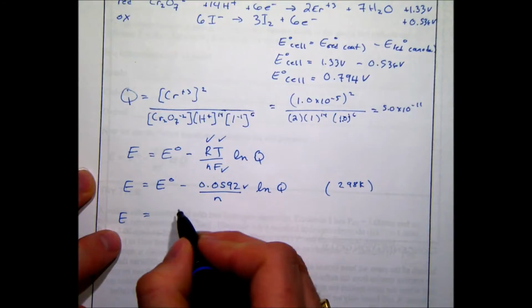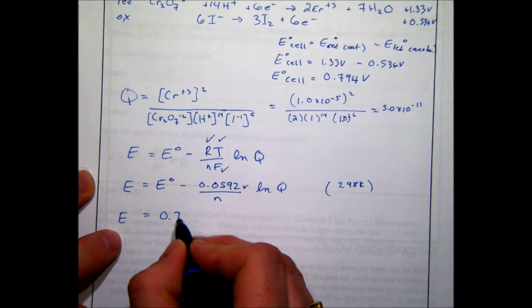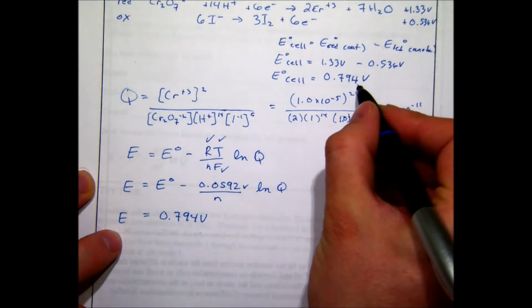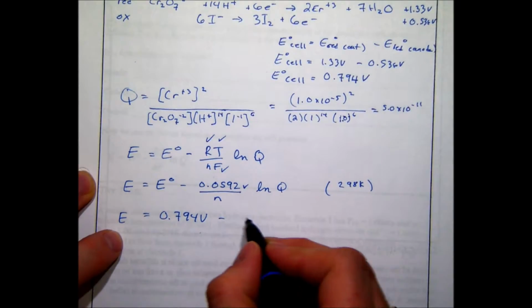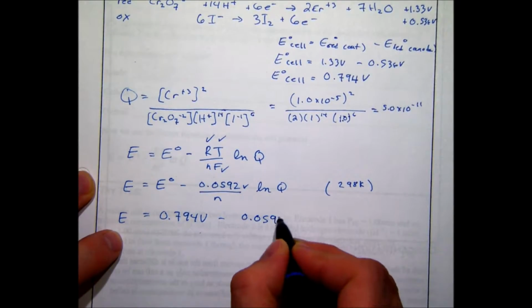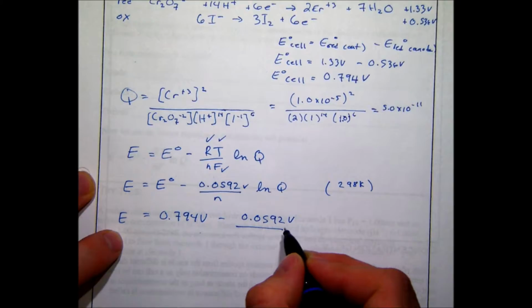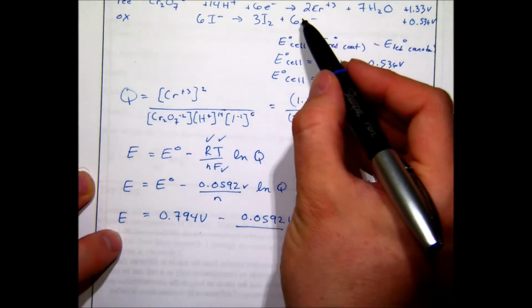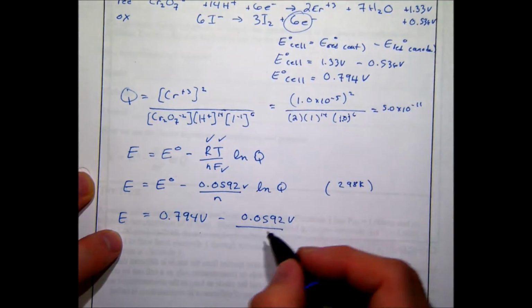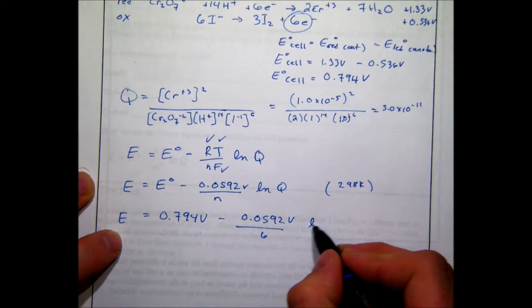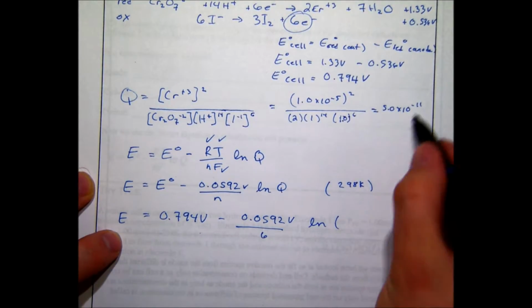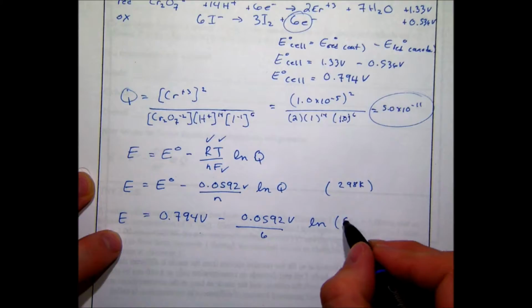So the standard cell potential was 0.794 volts. We got that up here. Minus 0.0592 volts over the number of electrons transferred, and that is 6, times the logarithm of this.